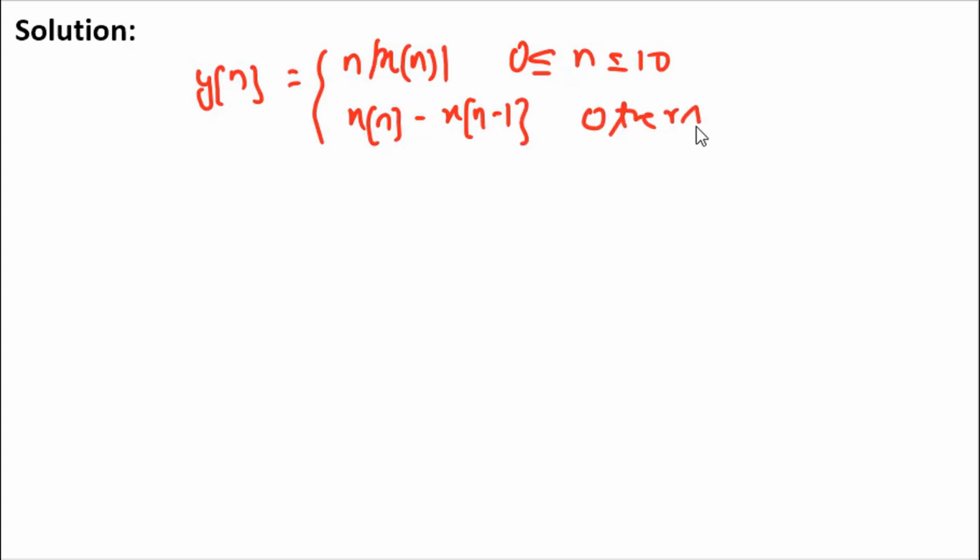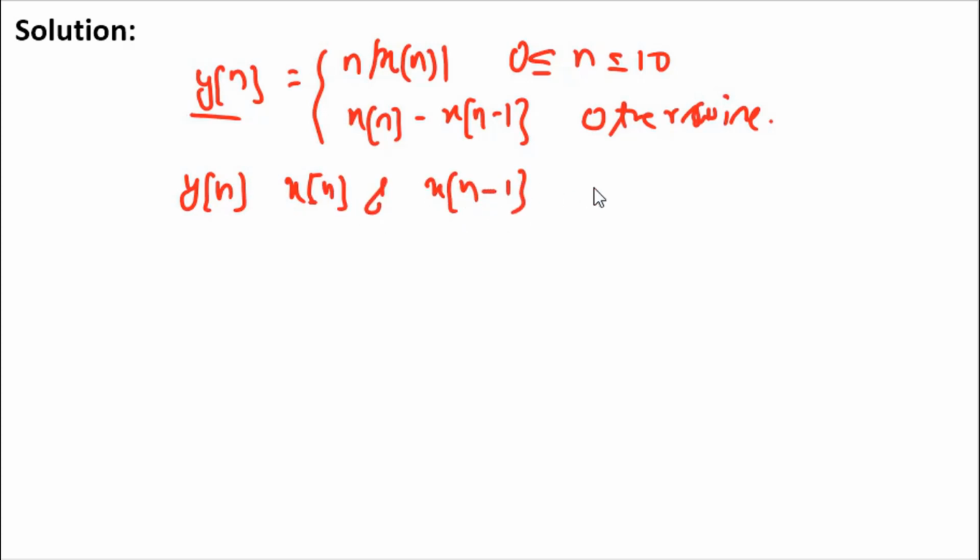So this is the input output relationship you are given for a discrete time system. So you can clearly see that y of n depends only on x of n and x of n minus 1.